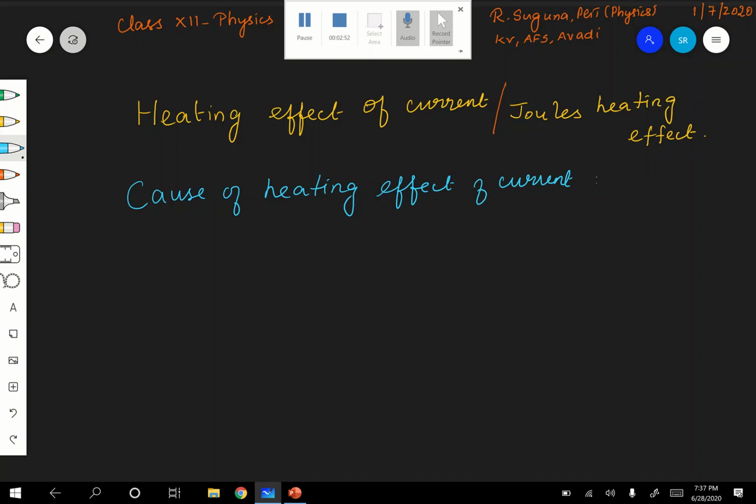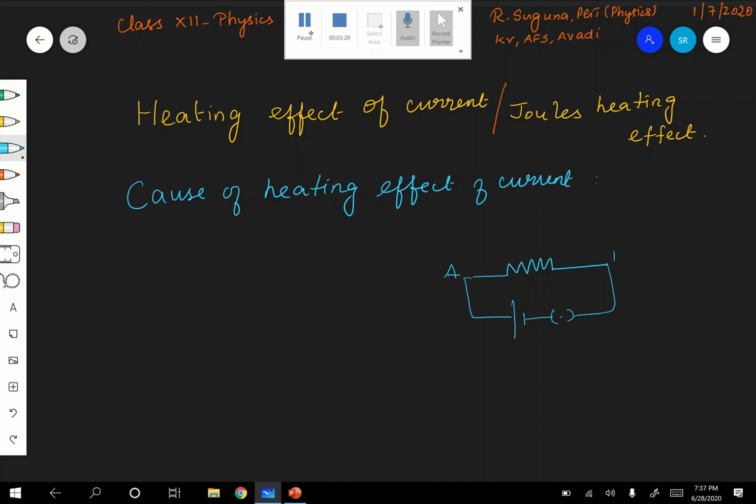When you take a conductor having certain resistance, and you apply some potential difference, you know very well that since it is a conductor, so many free electrons will be there.